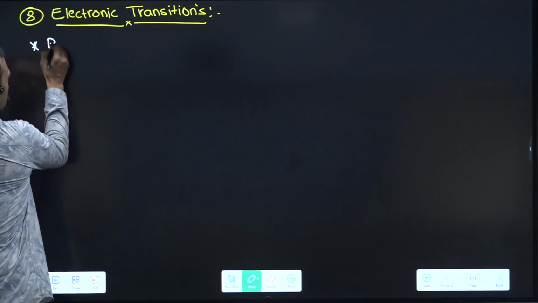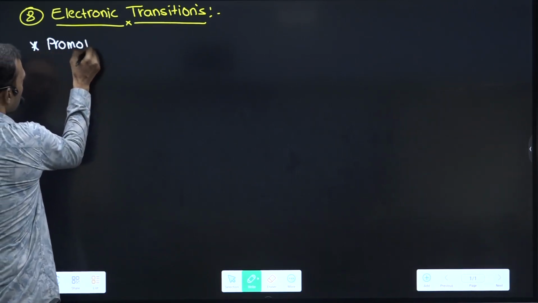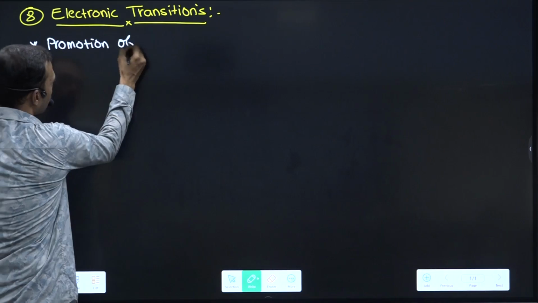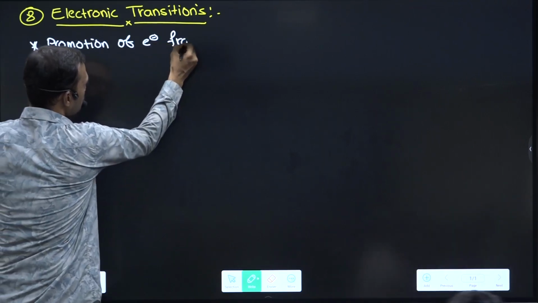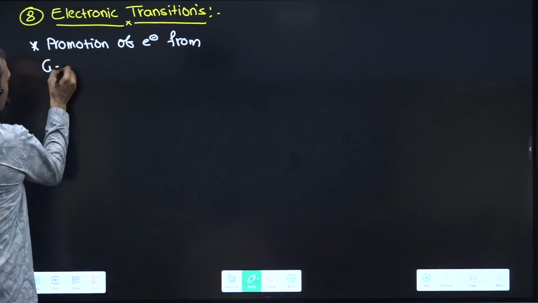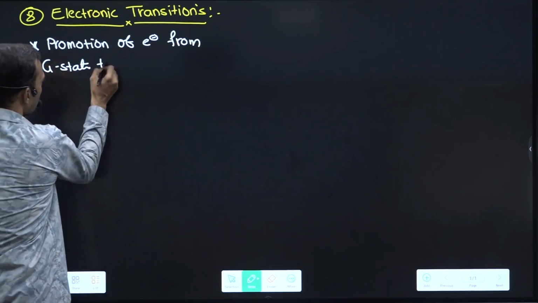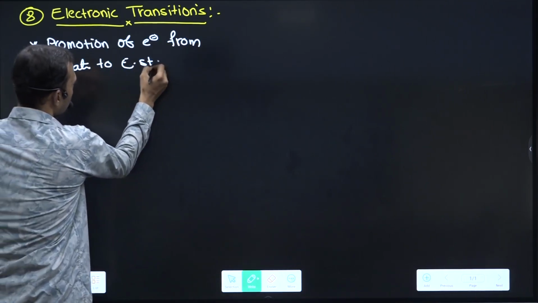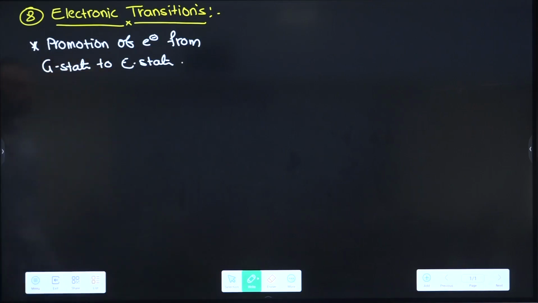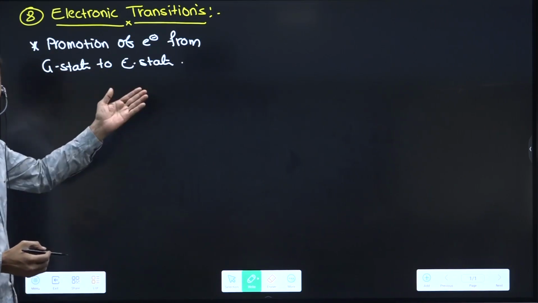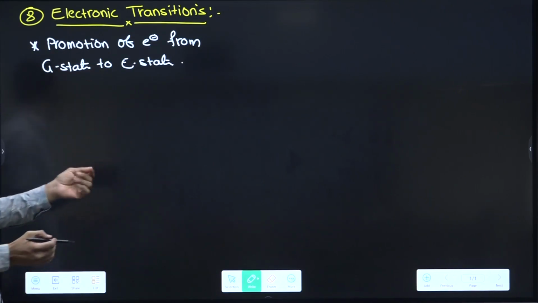Electronic transition is nothing but the promotion of electron from ground state to excited state. Promotion of an electron from ground state to excited state is called electronic transition. So we are promoting one electron from ground state to excited state by irradiating with light.